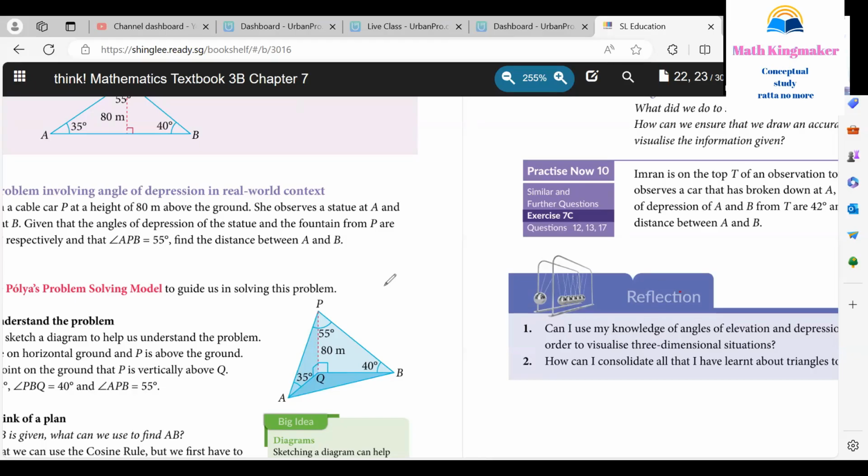Can you calculate it? Okay, yes. So if you have AP and PB, now you have angle P. The side opposite angle P is AB. Now you can use the cosine rule there. Two sides and an angle you have, so you can find the other side. After using this concept, you can do it.